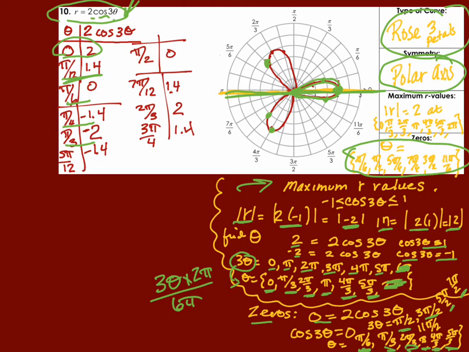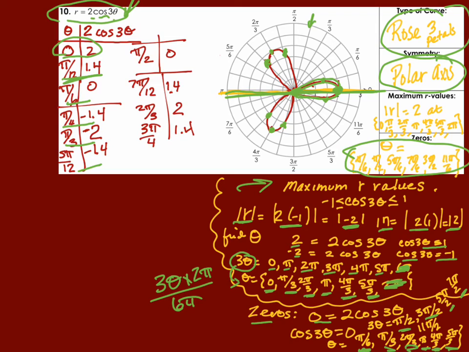And its symmetry across would be at 2 pi over 3. And then at 5 pi over 12, I'm at negative 1.4 again, so I'm here. And its symmetry would be up here.